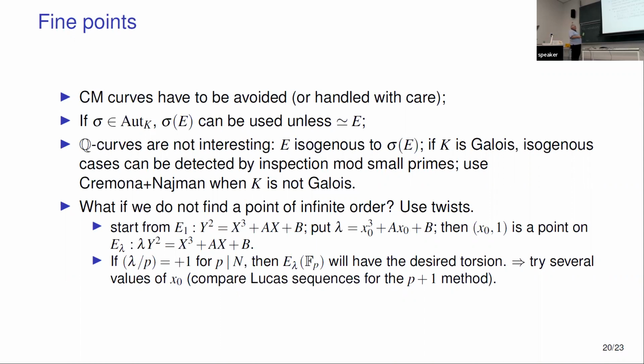Last thing: it's very rare that you find points of infinite order. So I claim you can use this trick, starting from an elliptic curve and putting this quantity here. I can build a point x01 on a twist E_lambda.